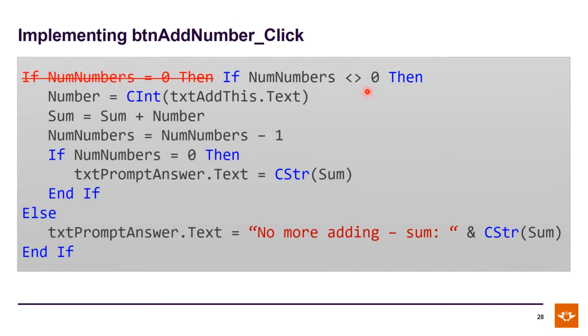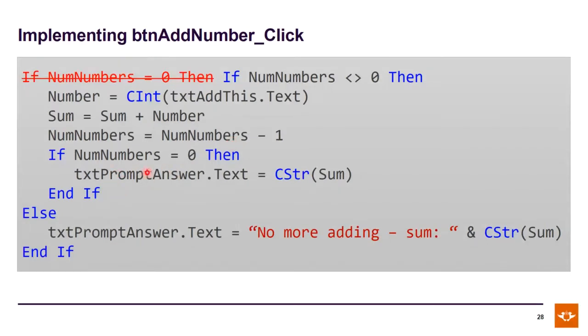If they say, I plan to put in 2 numbers, if it's not 0, then it's going to capture the number from the second text box. Take that number and add it to the sum, because it's obviously something that needs to be added. Then I update my numbers by 1, as in subtract 1, to say, I've added this number, there's 1 more number in my example, because I said there were 2 numbers I want to add up. There's only 1 more number you want to add.